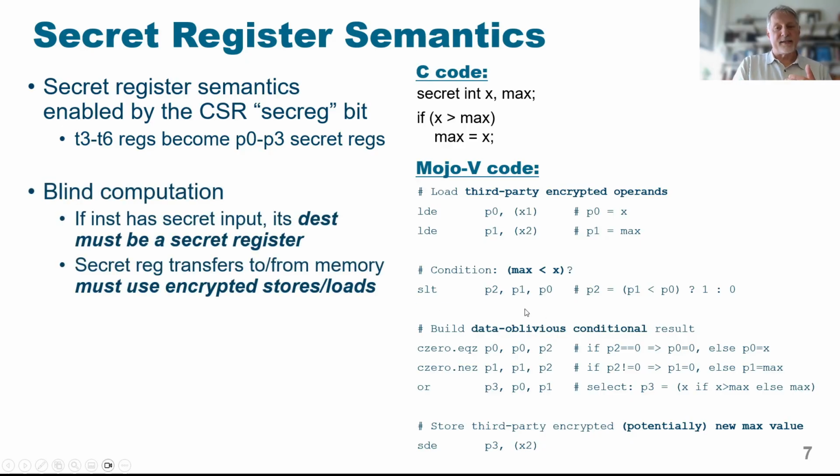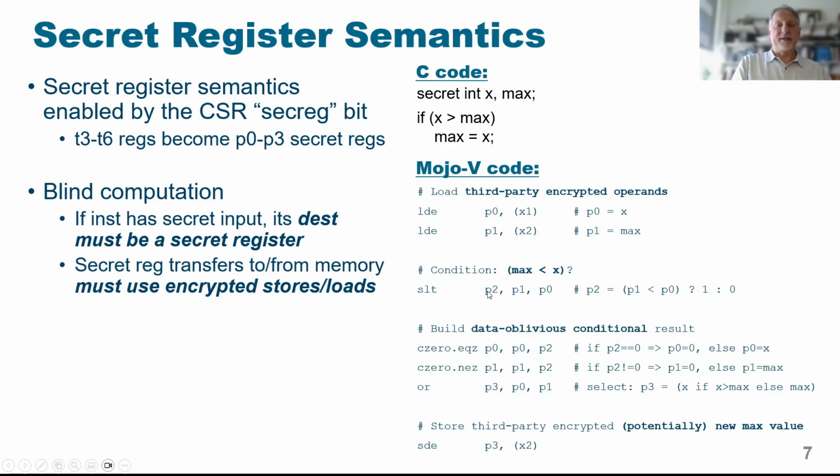Now, what that means is that if an instruction has an input, so the secret registers are P0 through P3, they overtake temporary register 3 through temporary register 6. So we repurpose 4 registers to become secret registers. Now, if any input to an instruction is secret, the output has to be secret. That's the sequestration calculus rule.